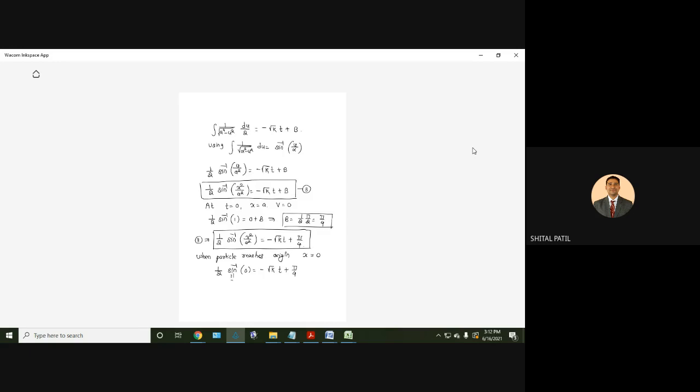So this is equal to 0 only. Minus root k t equal to minus pi by 4. Therefore t equal to pi divided by 2 root k. Hope this is the expected answer. Yes. Next page, last page.